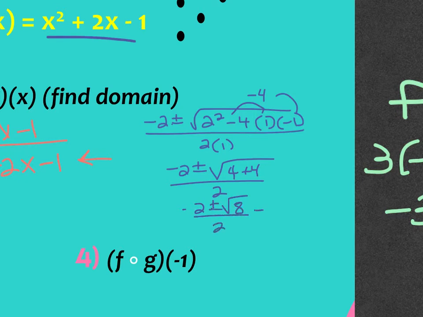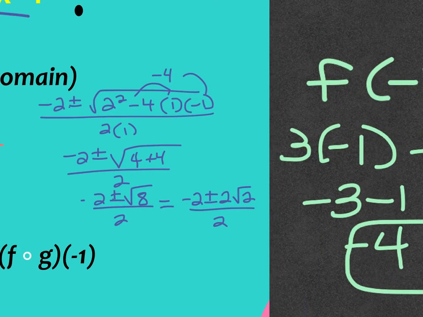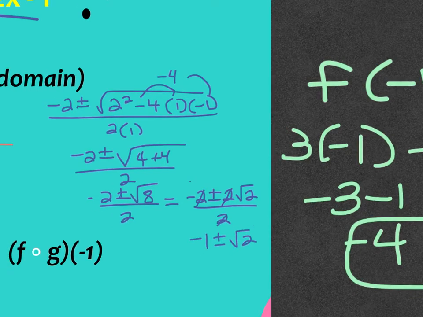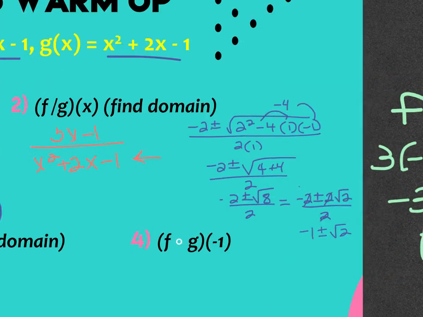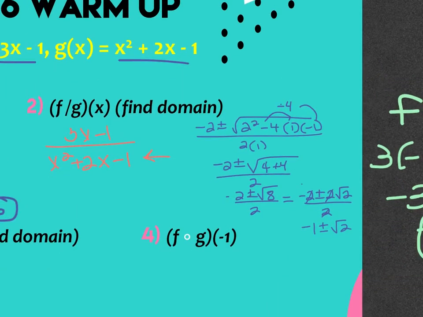As soon as I see that that's a real number, I know I have to keep going. Square root of 8 gets reduced to 2 root 2, and then this becomes negative 1 plus or minus root 2. So that's what x cannot equal, which means my interval notation is negative infinity to negative 1 minus root 2, and then negative 1 plus root 2.